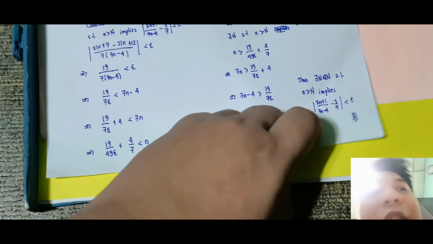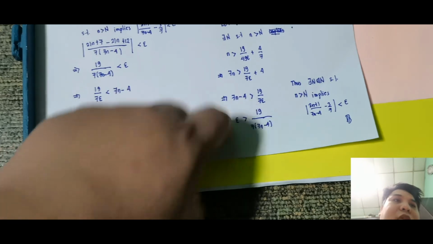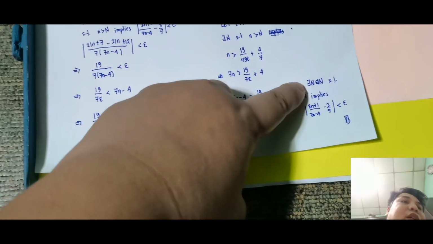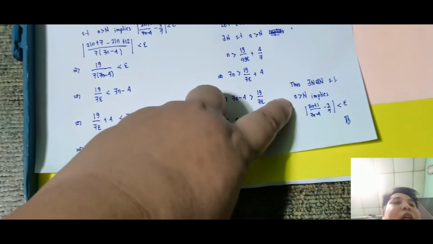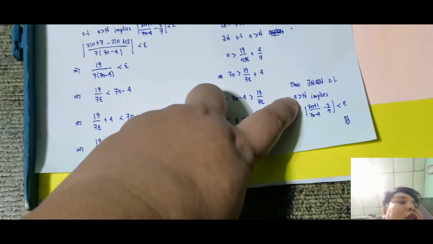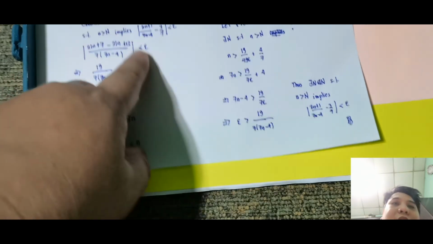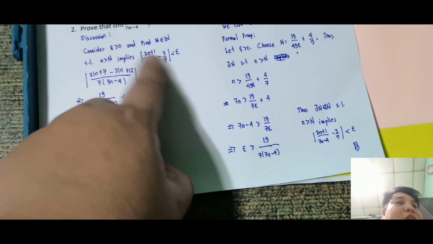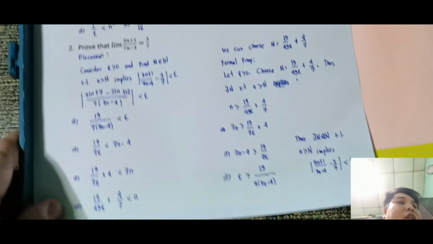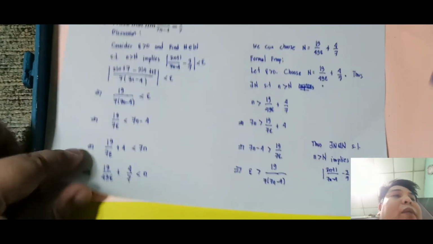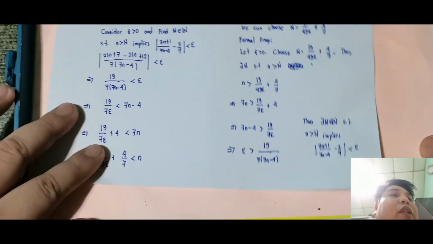And this is done. So this is what I write at the end. Okay, so that is how to prove the epsilon definition for the limit of a sequence.